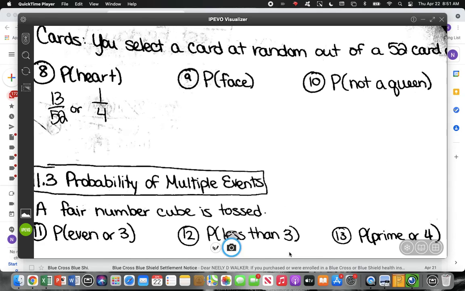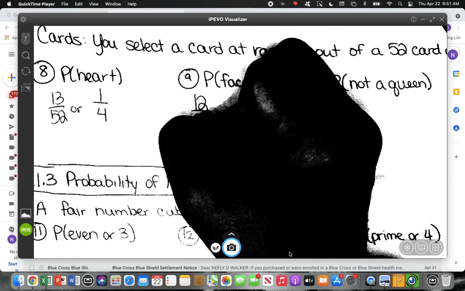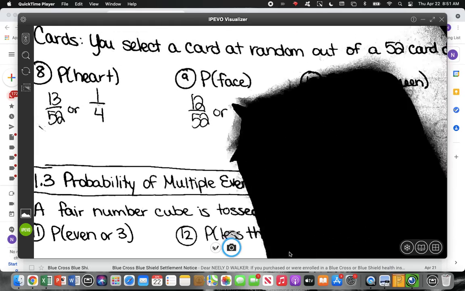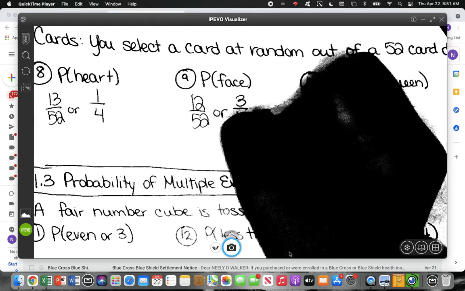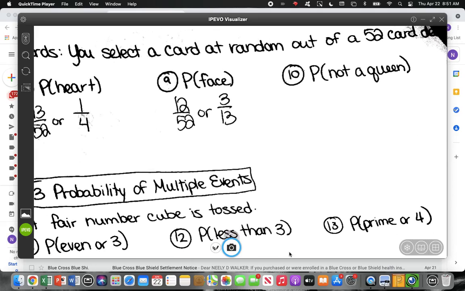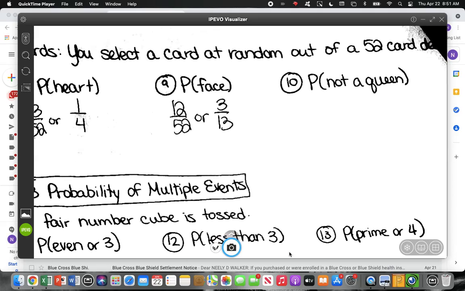All right, now the face cards are jacks, queens, and kings. So that's actually 12 out of 52, or 3 out of 13, if we reduce it. And then not a queen. How many queens are there? 4. There's 4 queens.